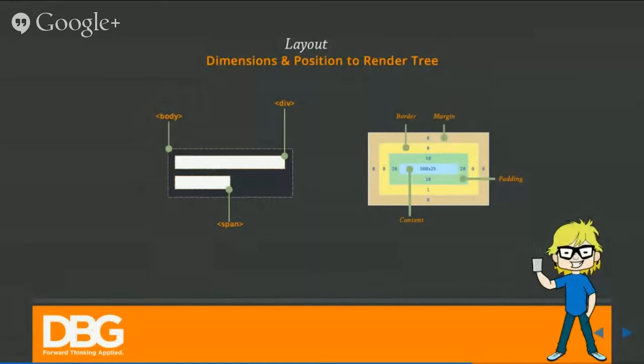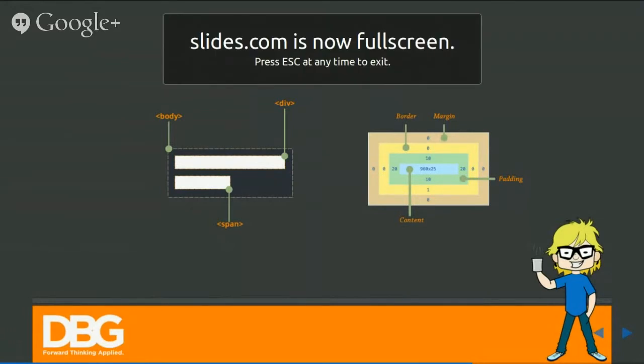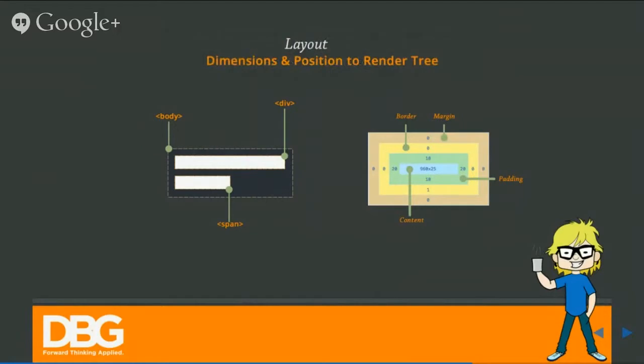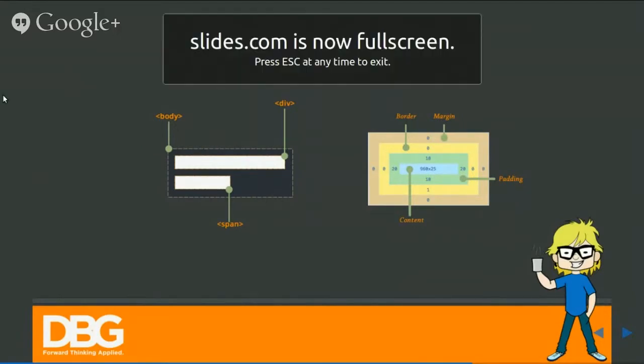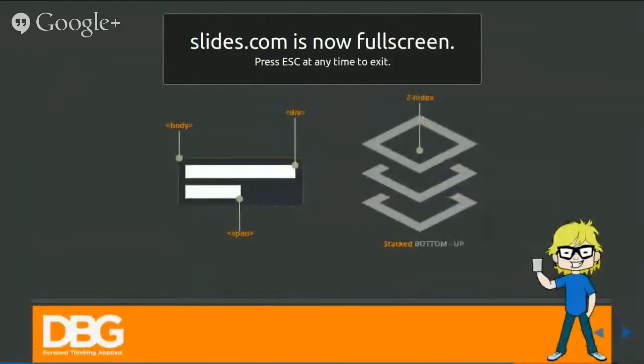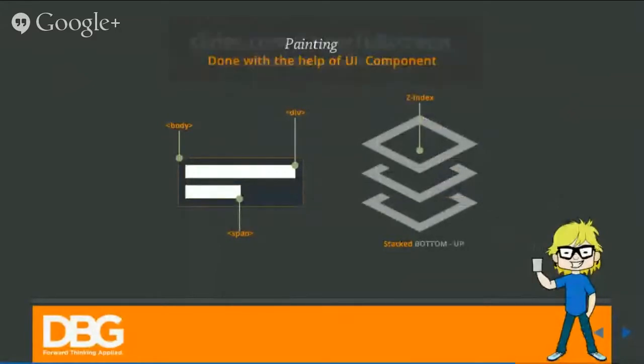Moving on, the next step is painting, and finally the positioned elements, with the help of the operating system's UI capability, get painted into the browser. In the painting step, we have another thing called Z-index, the third dimension of the blocks.